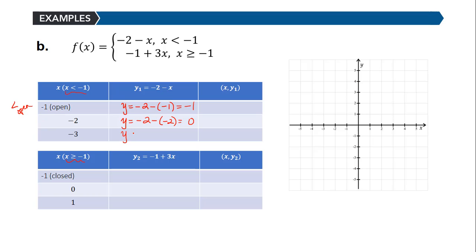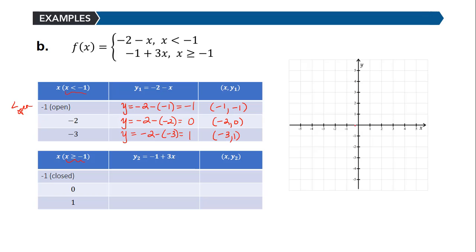And then when x is negative 3, negative 2 minus negative 3 is negative 2 plus 3, or 1. So we have the ordered pairs negative 1, negative 1, negative 2, 0, and negative 3, 1.